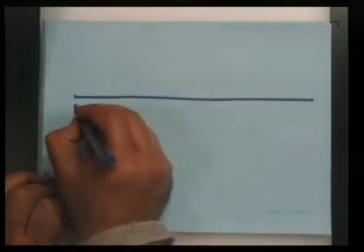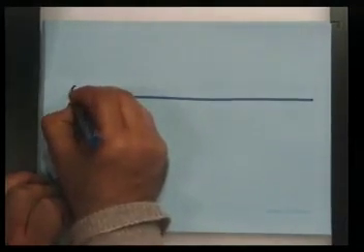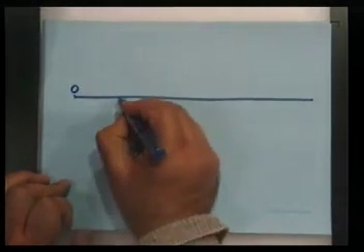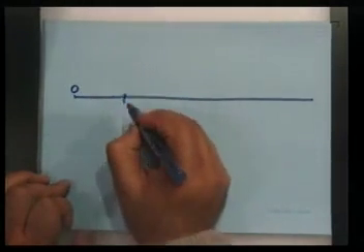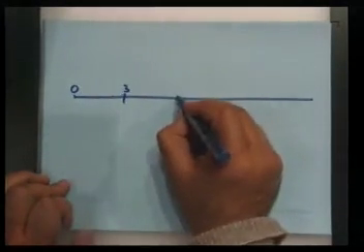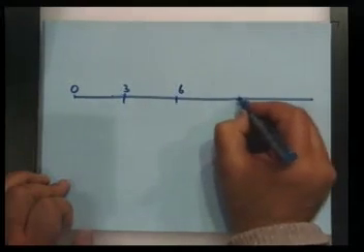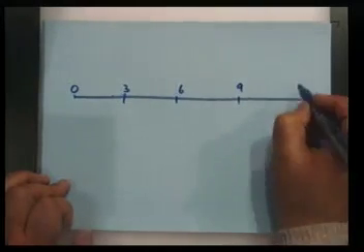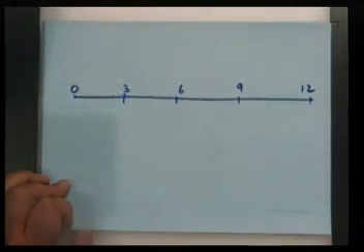This represents time t equal to 0. Then you have 3, 6, 9 and finally 12. So, I have an interval of 3 years, 3, 6, 9, 12.